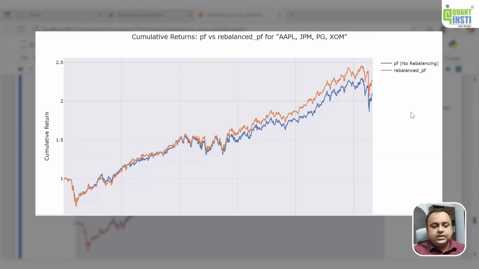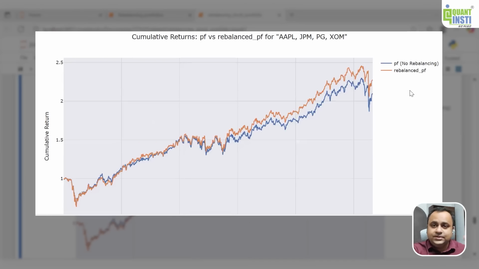We can clearly see over here that in this case, the rebalanced portfolio has actually performed better. Now, why it may have performed better is because in this portfolio of four stocks, maybe some of the stocks have underperformed over a period of time. So that rebalancing has been able to manage the risk and allocate accordingly.